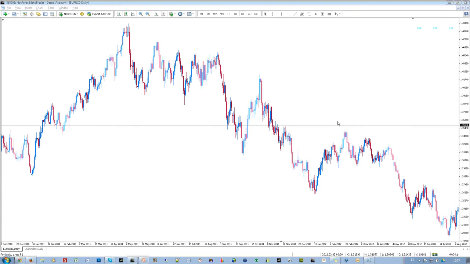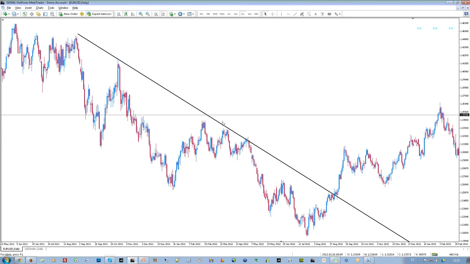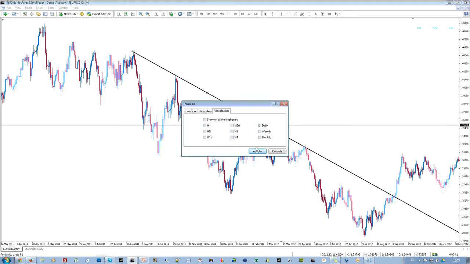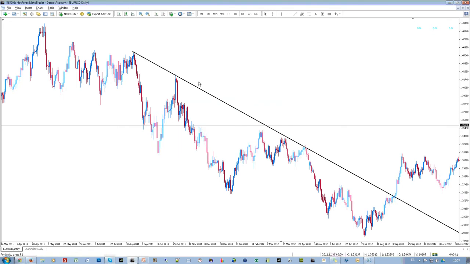On the daily, in this case, we also have a downtrend, as you can see over here. And look how it is respected, to the peak. So it happens that we have the same trend, but there will be many times where on the daily we have a downtrend, and on the 4-hour we have an uptrend.